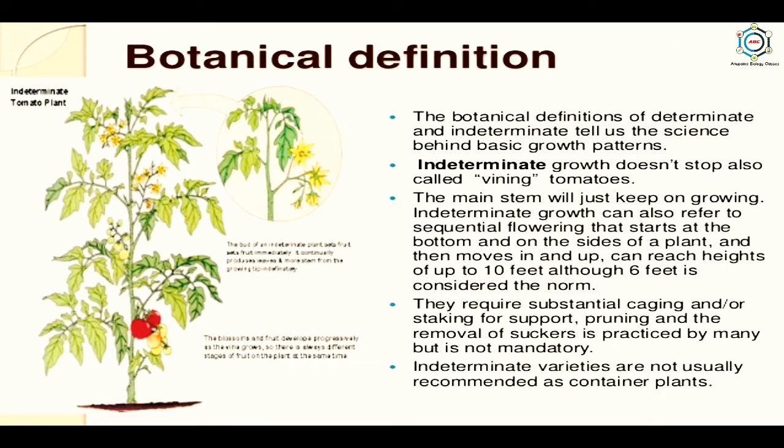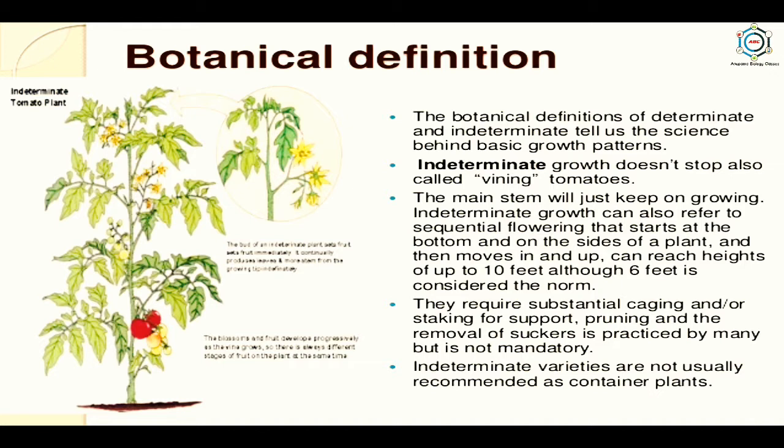Now, here you can see the differences between determinate growth and indeterminate growth in plants. The first one is indeterminate growth. The botanical definitions of determinate and indeterminate tell us the science behind basic growth patterns. Indeterminate growth does not stop, also called vining tomatoes. The main stem will just keep on growing.